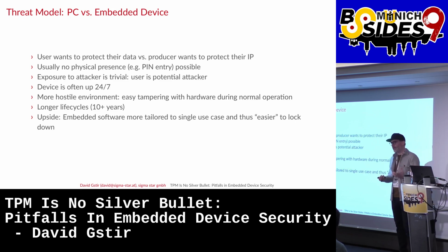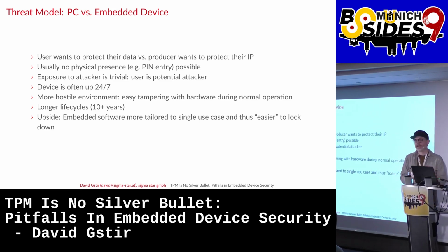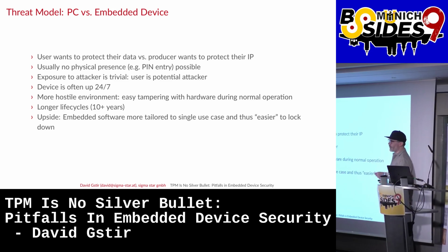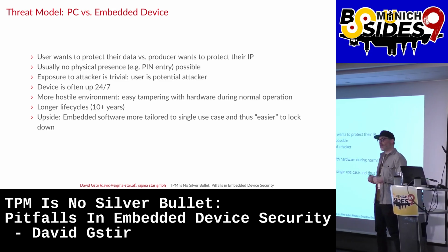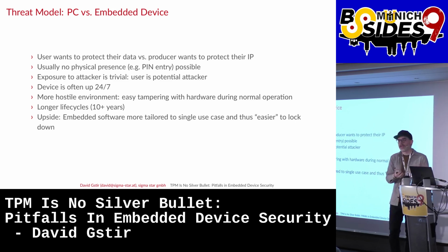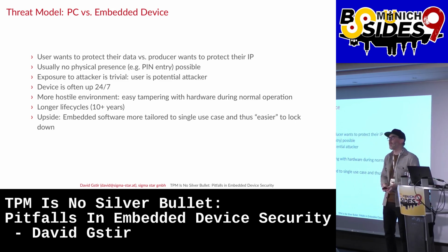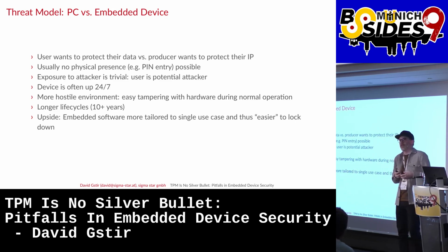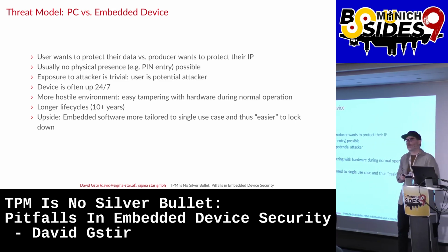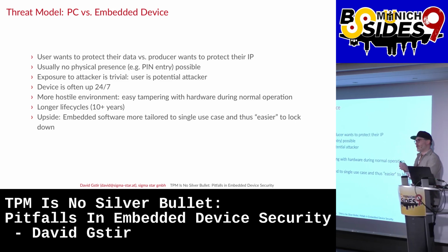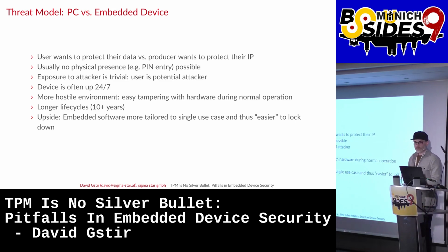Thankfully I'm in control, I can configure everything, and I want to secure the data which I put there. On an embedded device, it's usually the producer, the company which creates the device and then gives it out to users. It's not the user who wants to protect data on there, but the vendor of the device, who wants to protect their intellectual property or some secret keys to access their backend, for example.